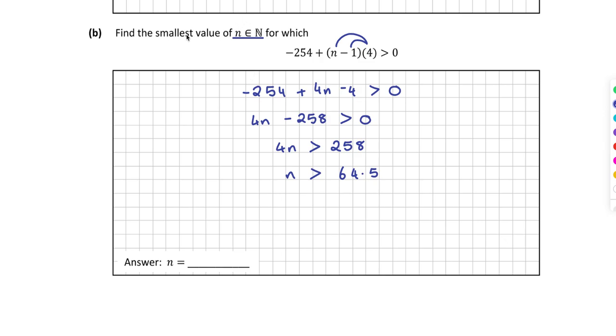That's the next smallest one after 64.5 that we could have where n is greater than that, and that's 65. Okay, there are lots of values that are bigger than 64.5, but they wanted the next nearest one to that, the smallest value that it could be, such that it's greater than 64.5.